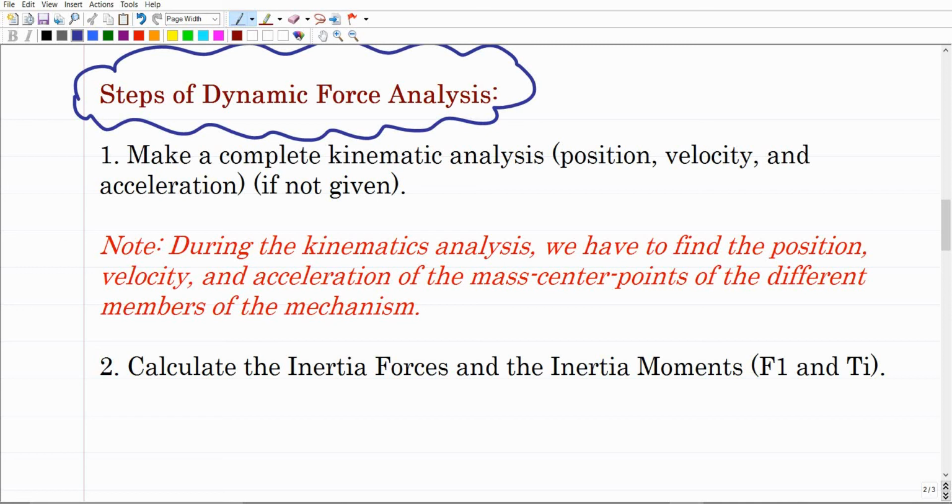But anyway, in many of the cases, I'm gonna give you all the details that you need for the force analysis from the kinematic analysis. So you will not be required to do the kinematic analysis part, and any data or information that you need for the force analysis will be provided to you in the example or the problem, as I'm gonna show you now.